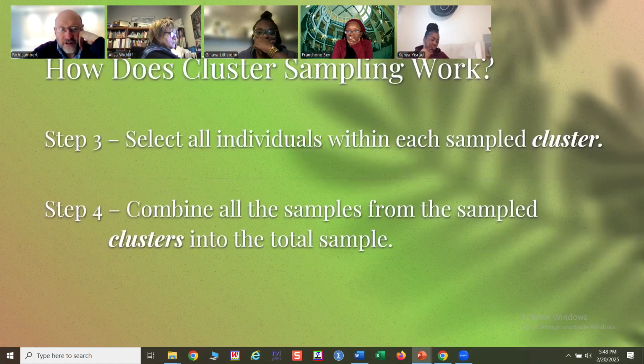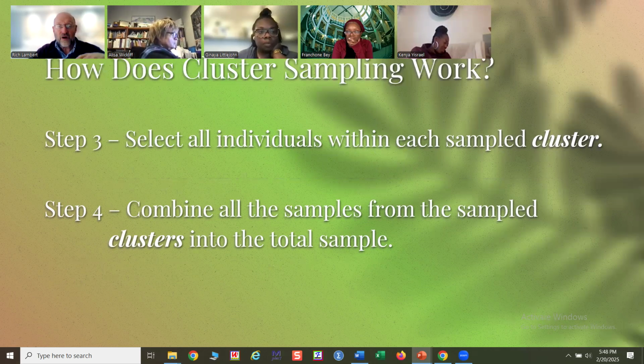Okay. Then step 3 is you now, among the sampled clusters, in other words, the units like classrooms or schools that ended up in your sample, you go out and visit each one of those, you take everybody in each sampled cluster.